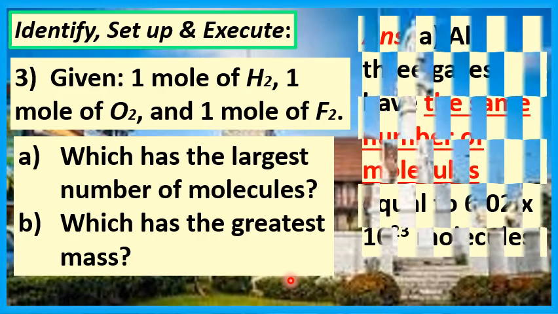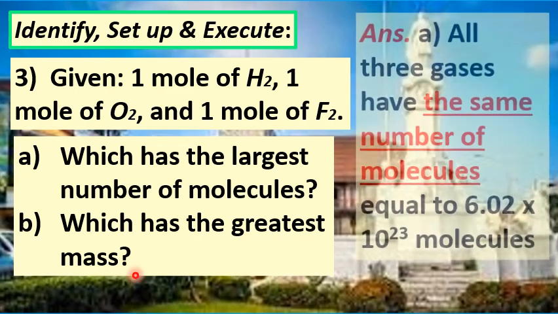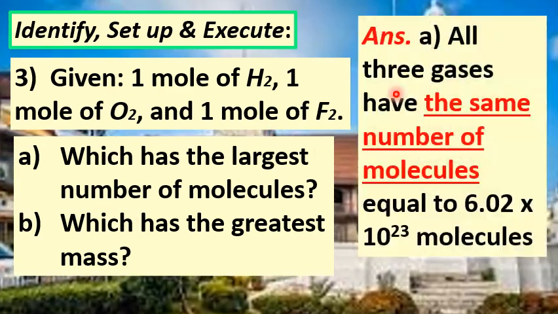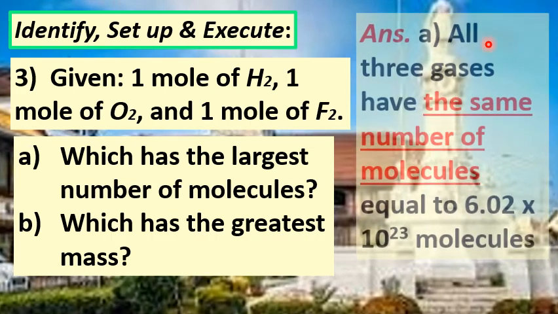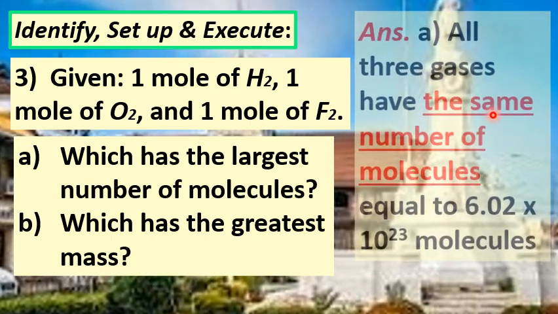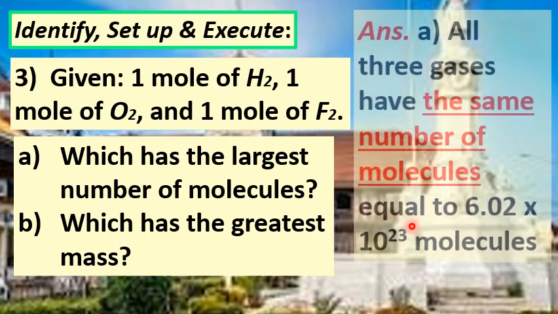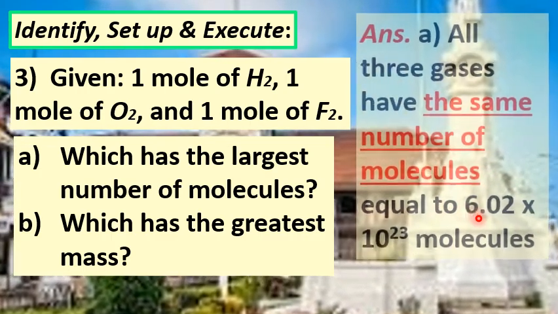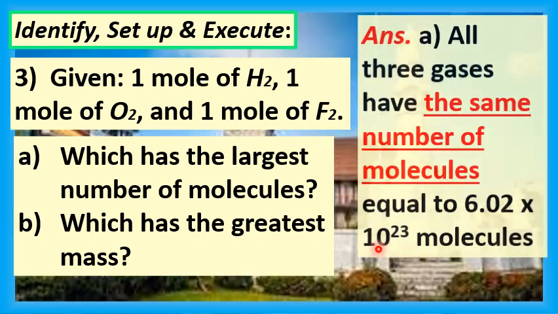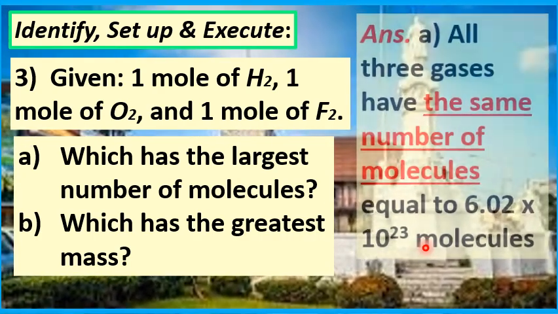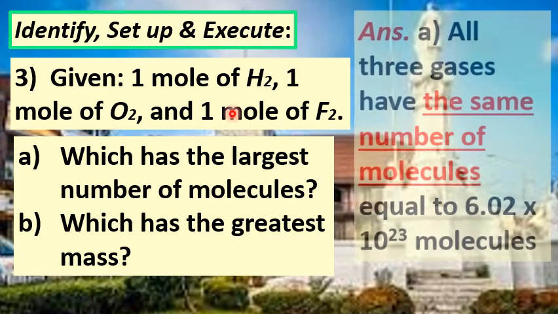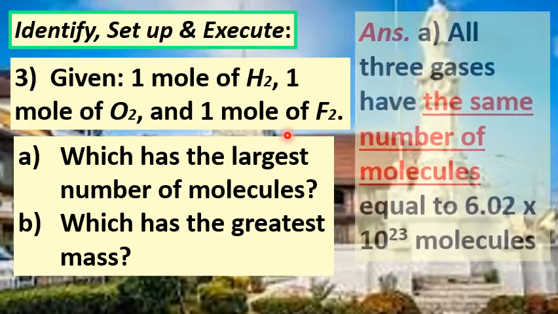All right. So our answer to question number 3, letter A, we say that all of the 3 gases have the same number of molecules, equal to the Avogadro's number, 6.02 times 10 to the 23rd power molecules. That is the definition of 1 mole.